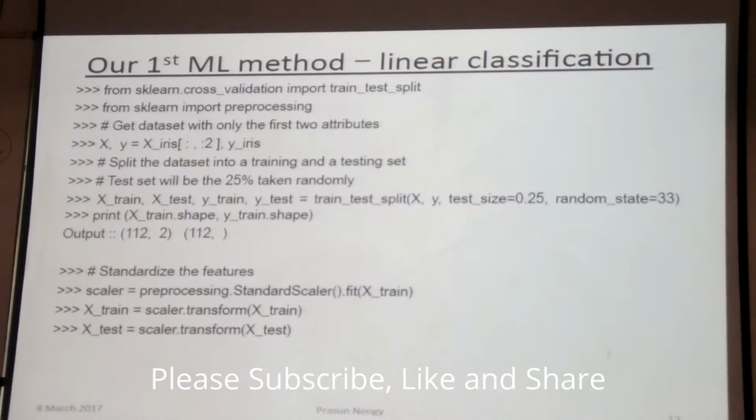So if I just split 75-25, all the 0 and 1 will go there, 2 will come here. These are wrong data. So that is why we are picking up randomly. So that is the randomness.